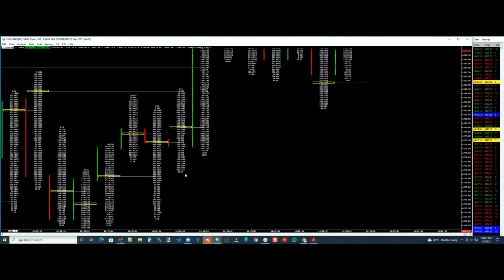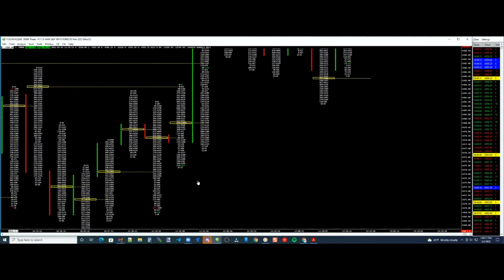Now, what is this telling you guys? This tells you, because remember, price works at the diagonal. So this is telling you that buyers were 400% greater, 267, buying this thing up than there were sellers willing to sell it down. Does that make sense?